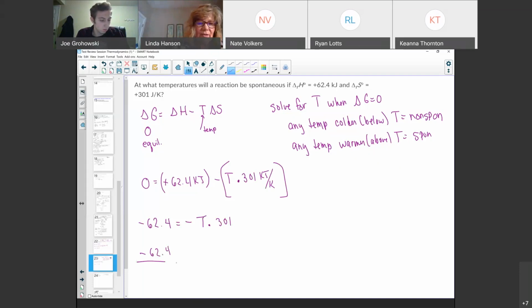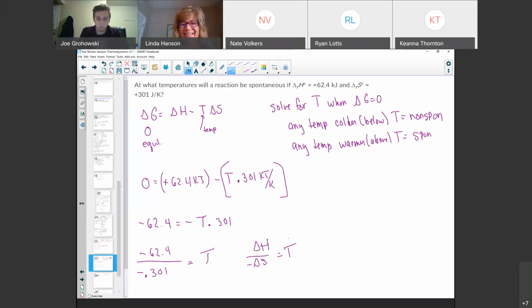Negative 62.4 over negative 0.301 gives me T. So with all that done, you can say delta H over negative delta S is how you're pulling out T. It's just simplifying the algebra. And you realize that temperature will never come out negative.